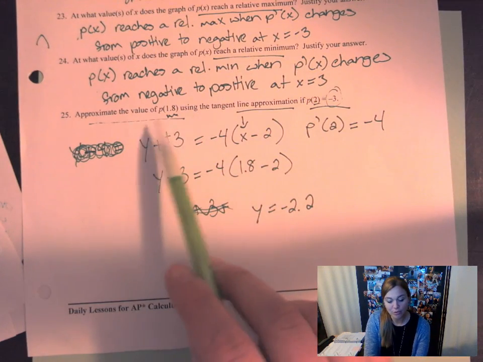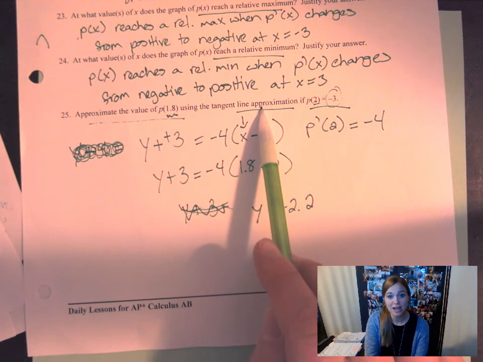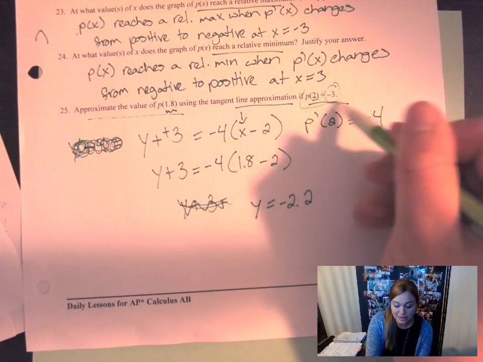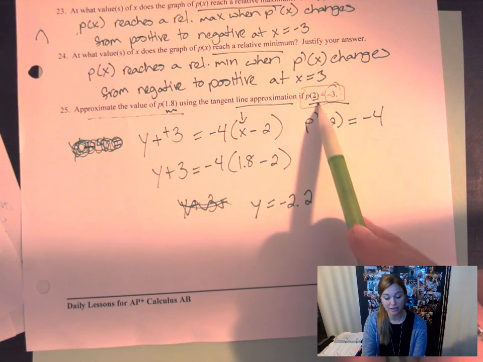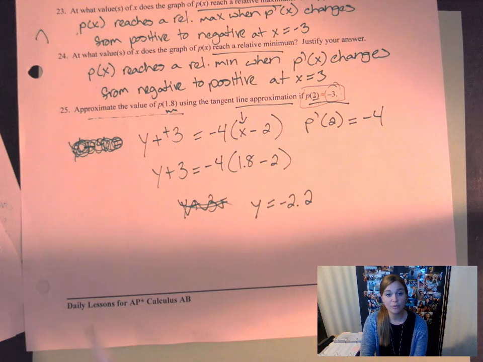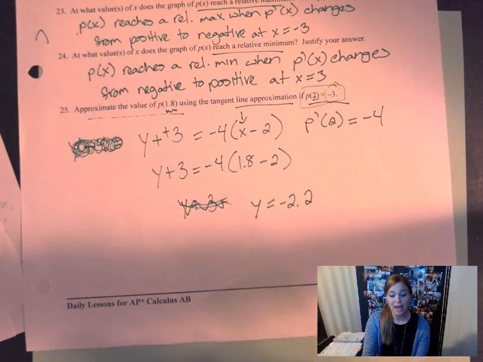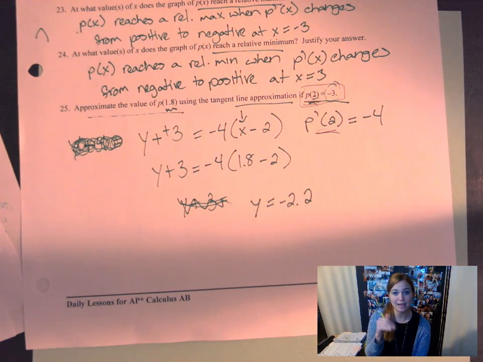Last one: if I want to approximate the value of p of 1.8 using a tangent line approximation, I must use a point and a slope first at x equals 2, because this was the point that was given to me. So I go over here and say, okay, this is my point, and then I want to figure out what my slope is. I would want p prime of 2. Just like in all the other problems, we had the same x value.